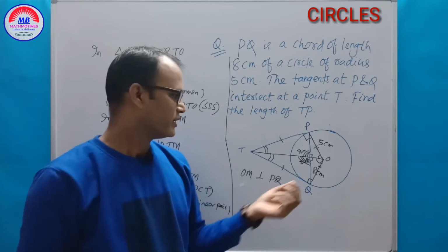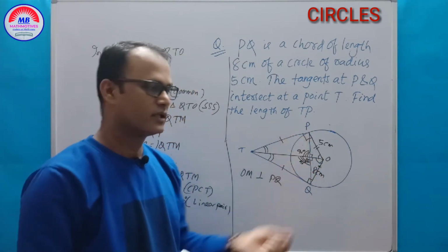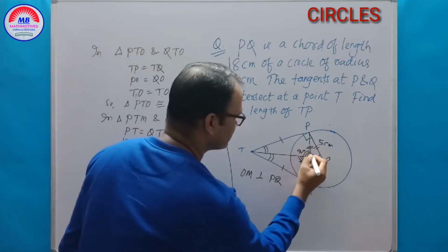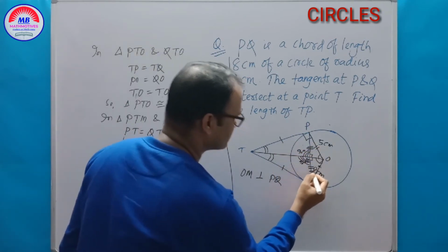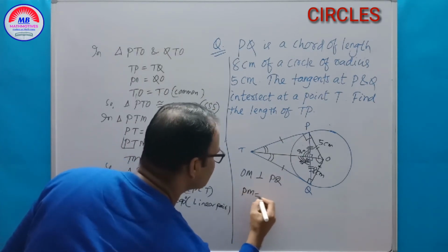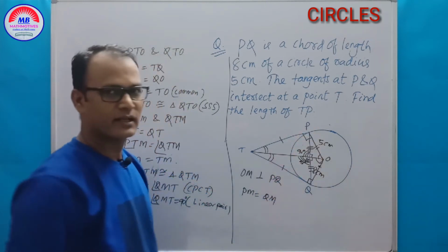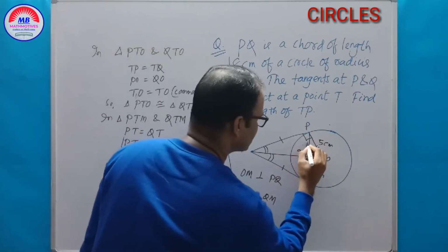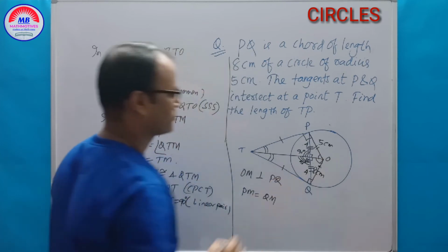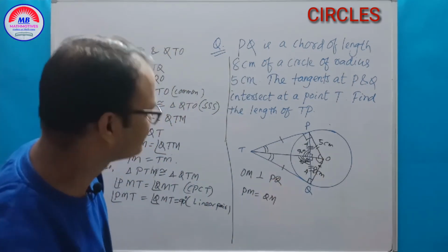We know that if we draw a perpendicular from the center to any chord, then it will bisect the chord into 2 equal parts. So PM is equal to QM, and PQ is given as 8 centimeters, so this is 4 and this is 4. First you write this, then you do the next.